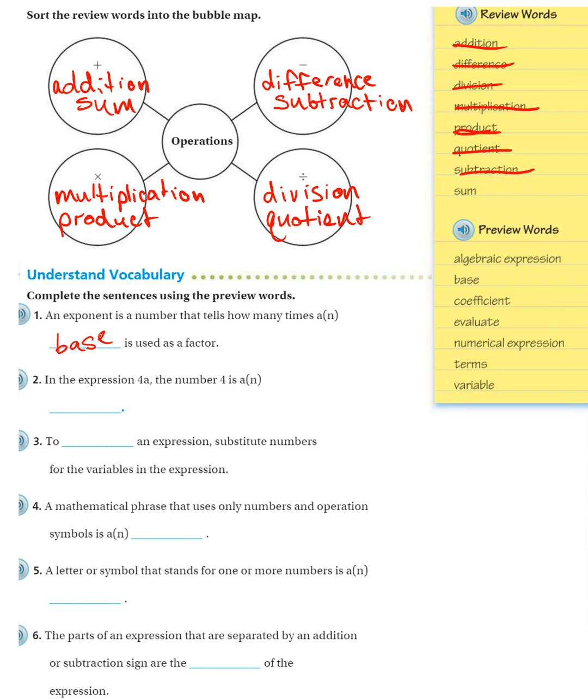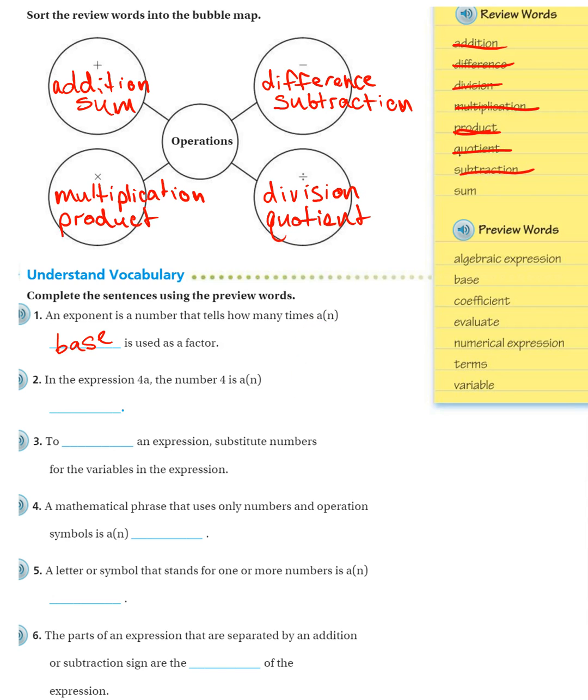So when we're dealing with exponents, the base is your big number, for example 5, and then your exponent is the smaller number. So the base is 5 and the little number is your exponent, or the power. So this would be 5 to the second power. This can also be said as 5 squared. But the big number, that's your base.